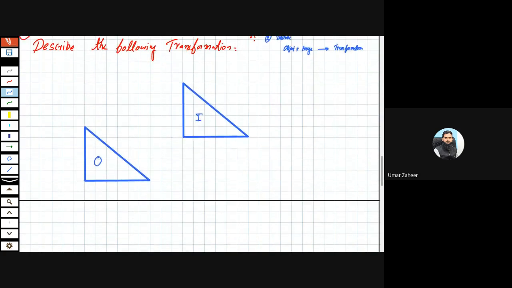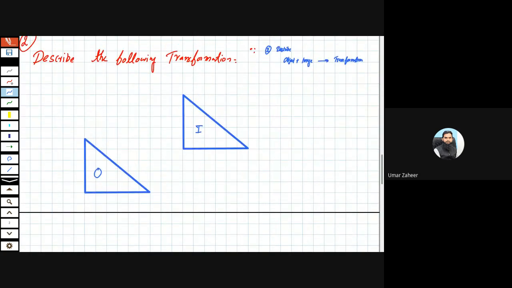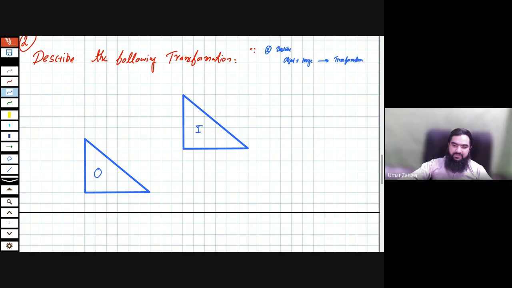So how will you find it? You will move from object to the image. How will you know that it is a translation? If the object and the image are exactly the same, there is no difference in the size, the rotation or the angle, everything is exactly the same, so we say that it is translation.